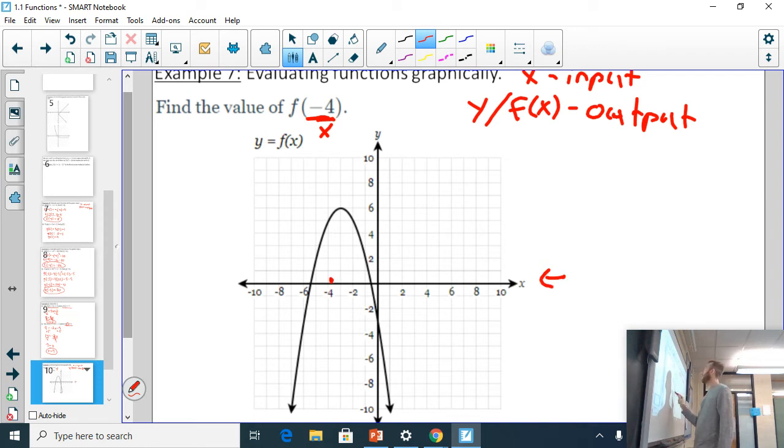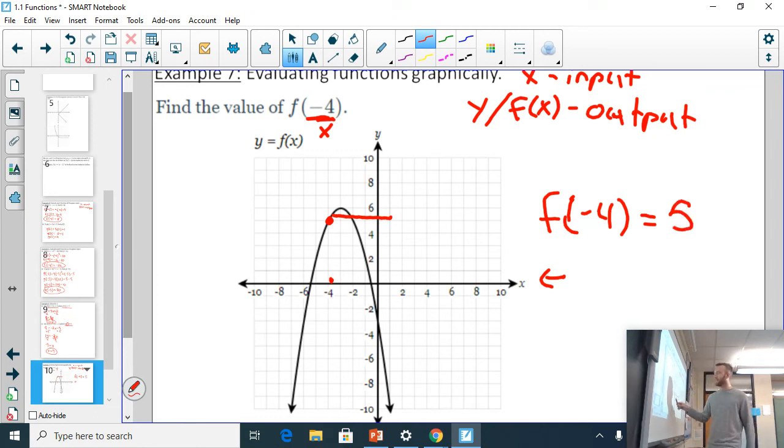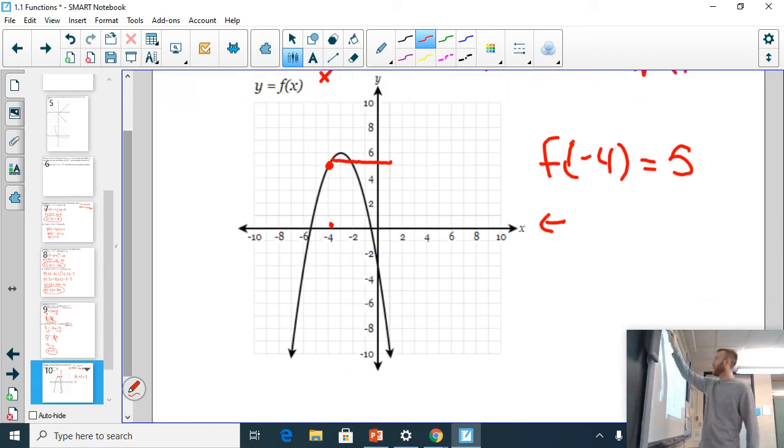And now we need to find the output. And the output on this graph is right here, right? And so f of negative 4 is going to be, and then the output here is 5. So you find where your x is, and then you find where the y is on the graph.